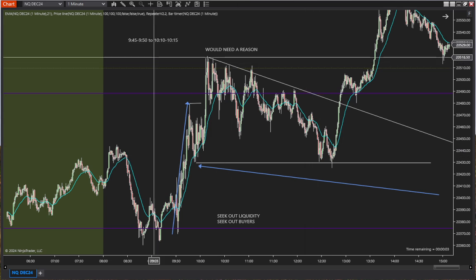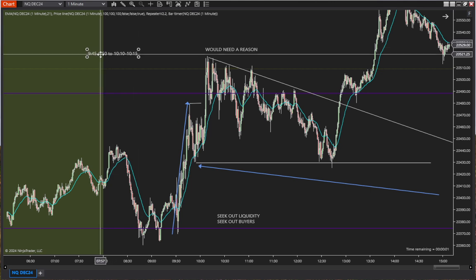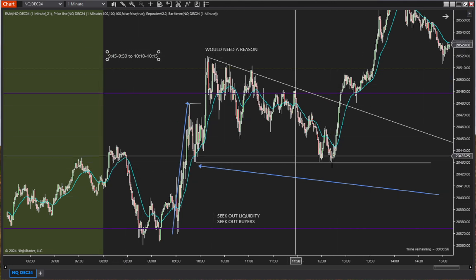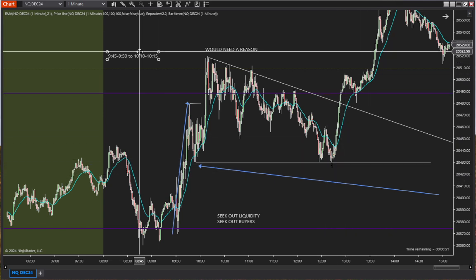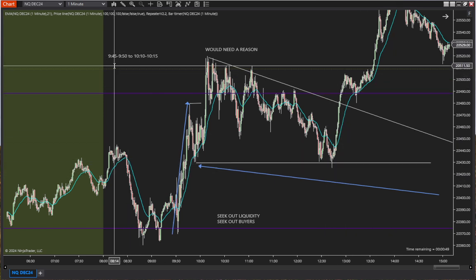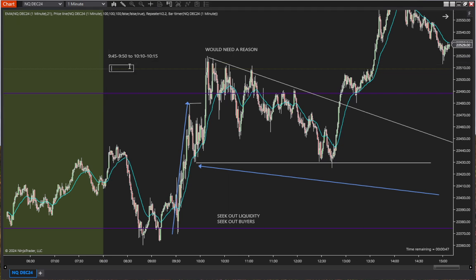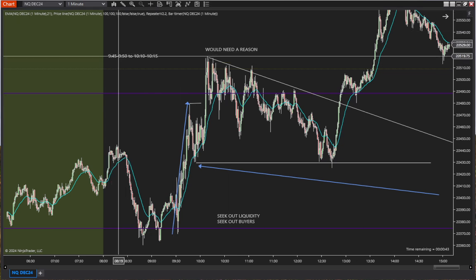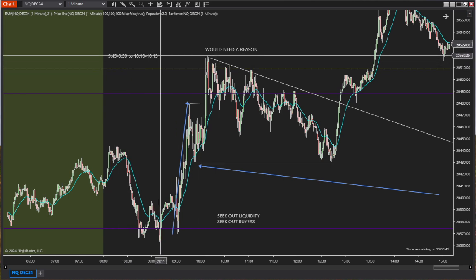I like this time for liquidity sweeps. This is a liquidity sweep. They swept the liquidity and then went higher. When they do a liquidity sweep at one of these times, I look for reversals, and they tend to happen within this half hour, 9:45 to 10:15, somewhere around there.